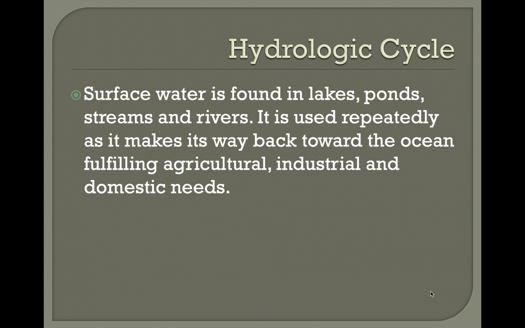Surface water itself is going to be found in lakes and ponds and streams and rivers. It's used repeatedly. It makes its way back toward the ocean, and water is constantly moving. I discussed in the announcement that you have a short video on this page that asks you, do you drink dinosaur pee?